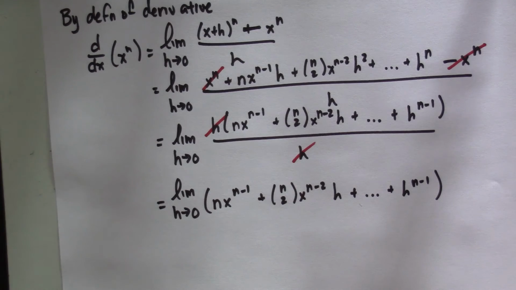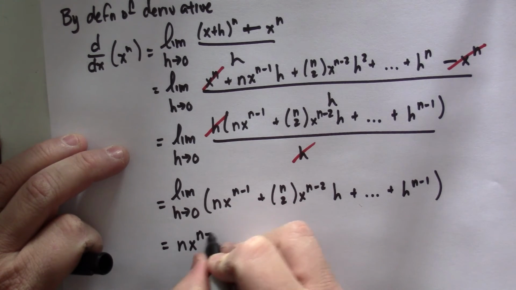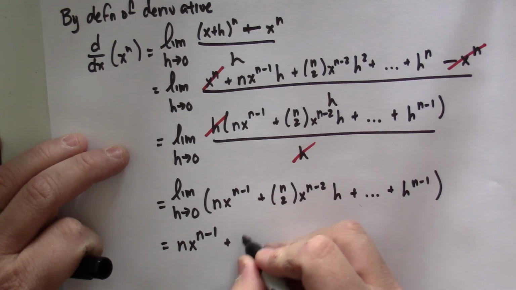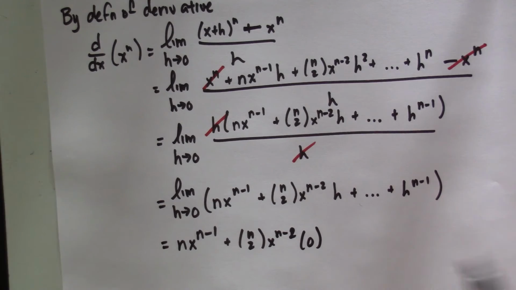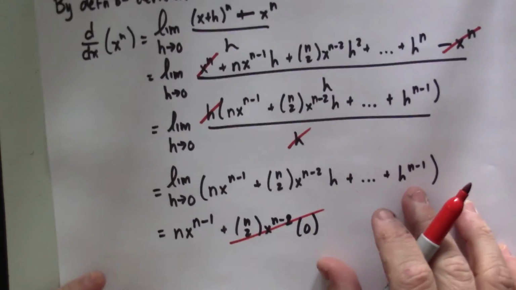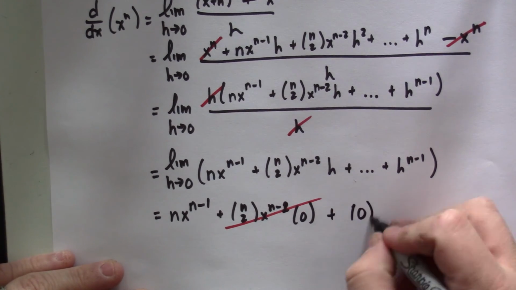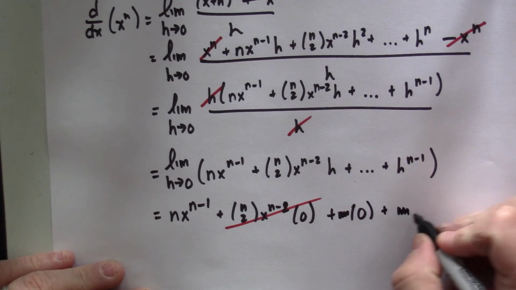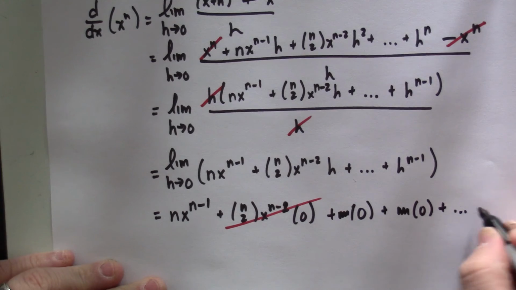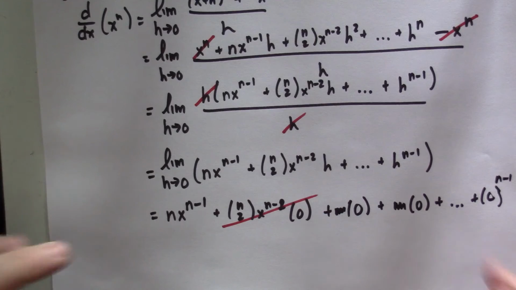So what I really have is n x to the n minus 1, plus this times 0, but that's 0, don't care, plus something horrific times 0, plus something horrific times 0, plus and so on, all the way down to 0 to the n minus 1, but 0 to any power is 0.